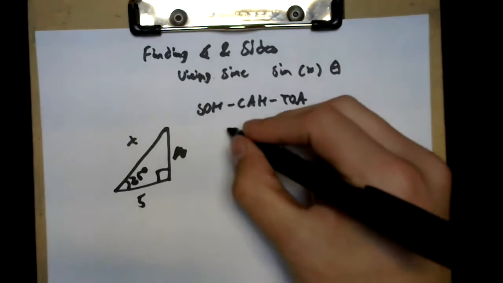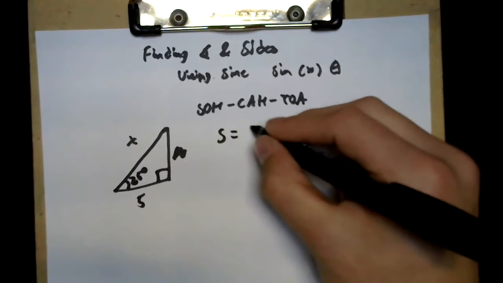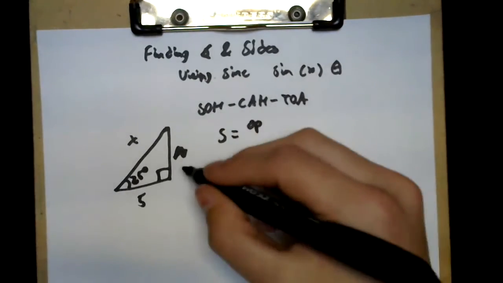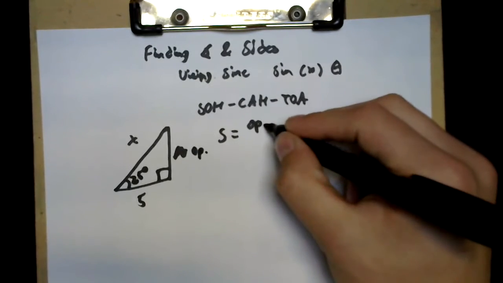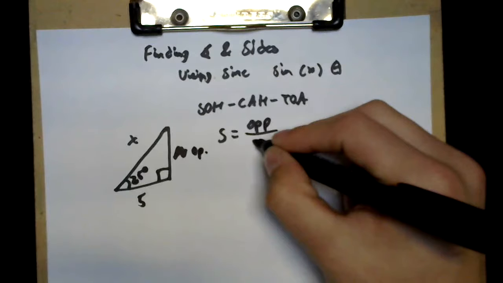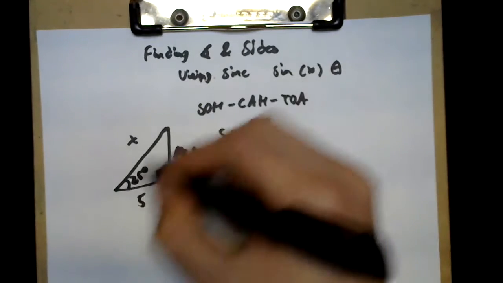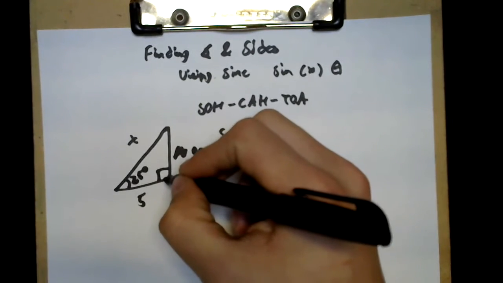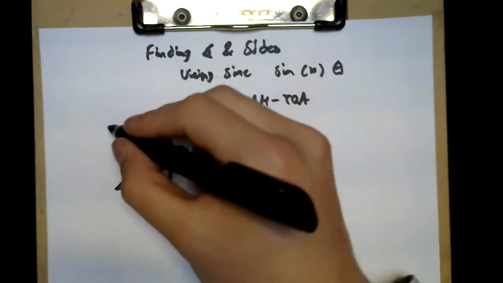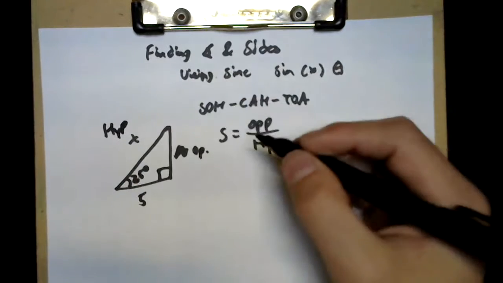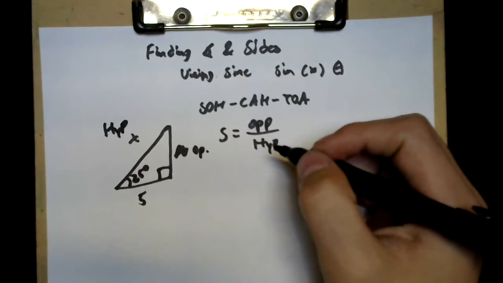In this case, we'll be using sine, so it's opposite over hypotenuse. The hypotenuse is always across from the right angle and is always the longest side of the triangle. So this is our hypotenuse.